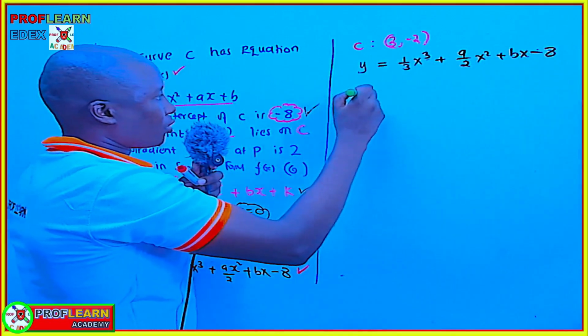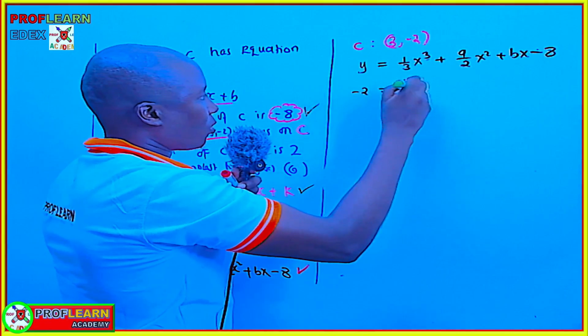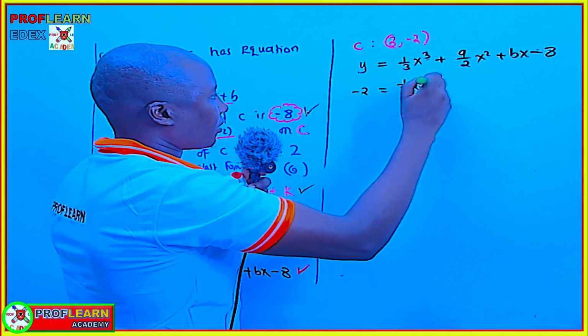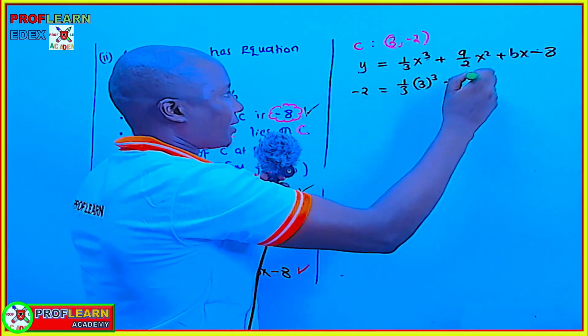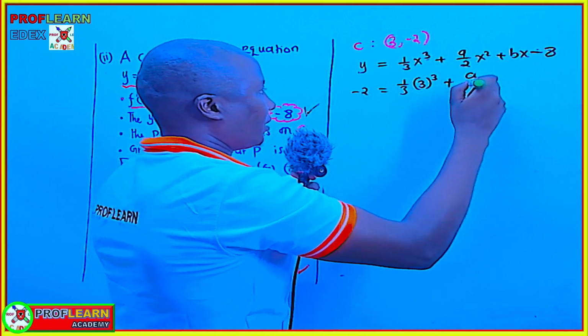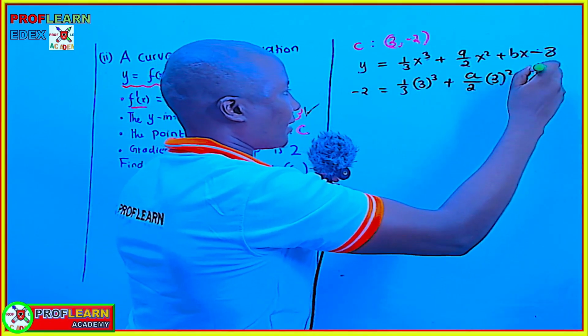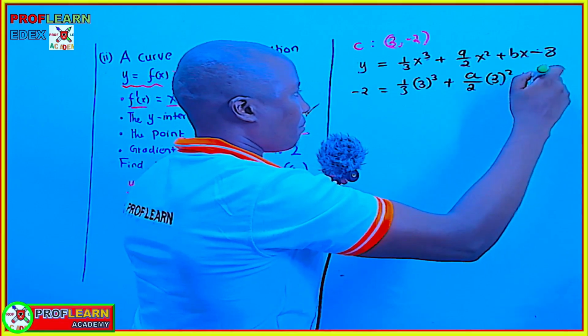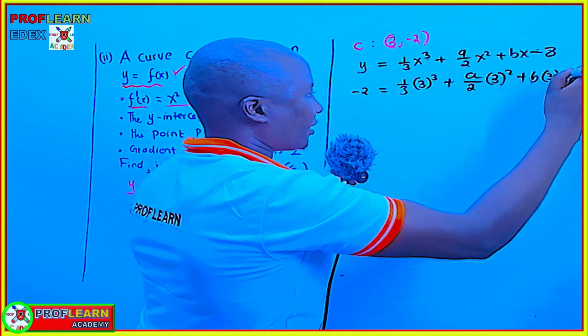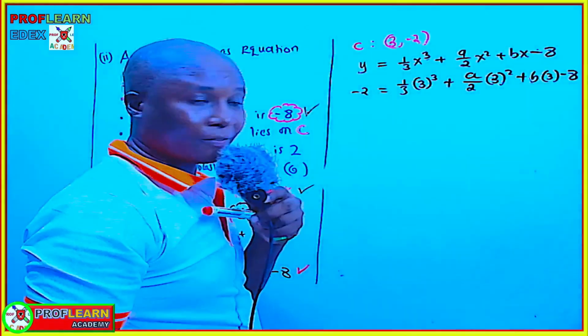We substitute that to be -2 is equal to 1 over 3 into 3 raised to power 3, plus a over 2 into 3 raised to power 2, plus b times 3, minus 8. That's the expression we have, right?